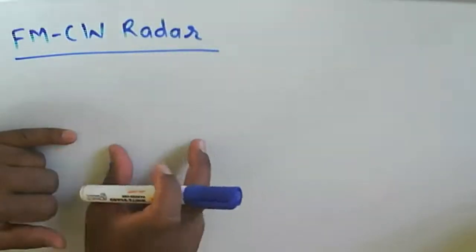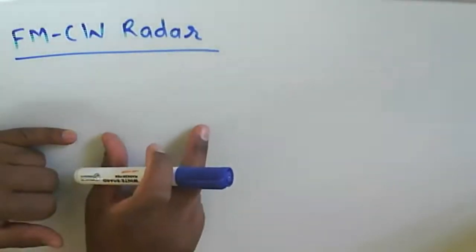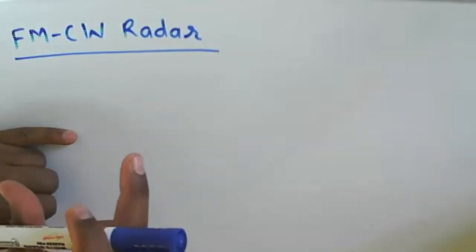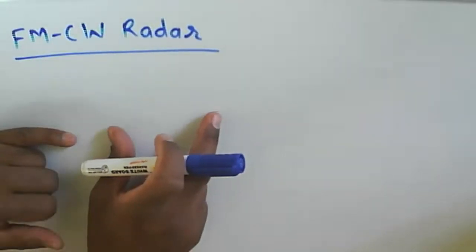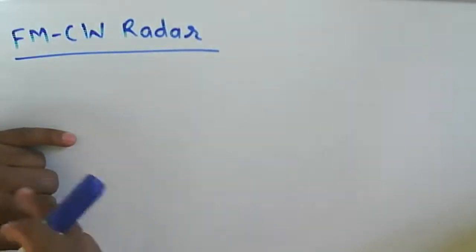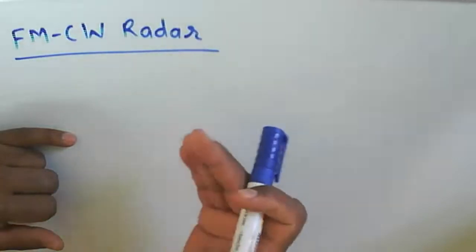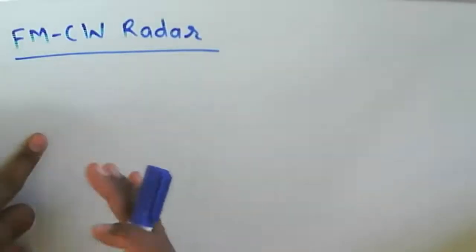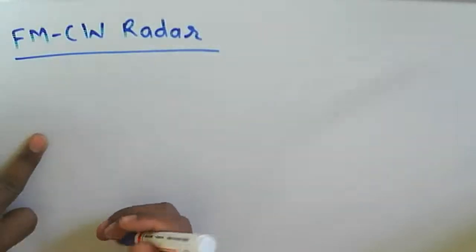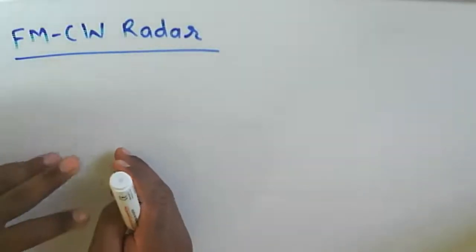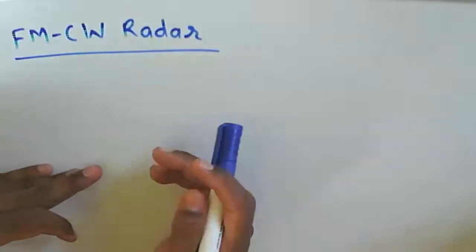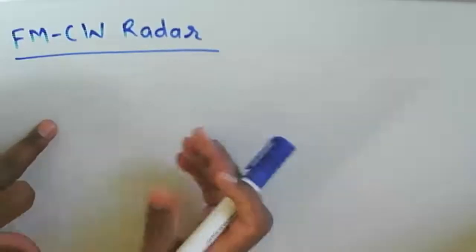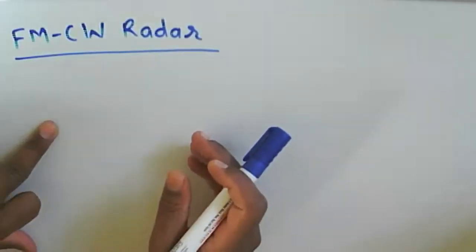We have a scope of modulation either in amplitude, frequency, or phase, and using the modulation we can send a signal. But if you consider amplitude modulation, then what happens?